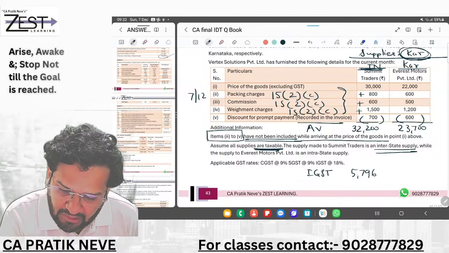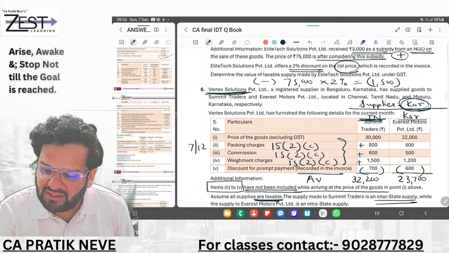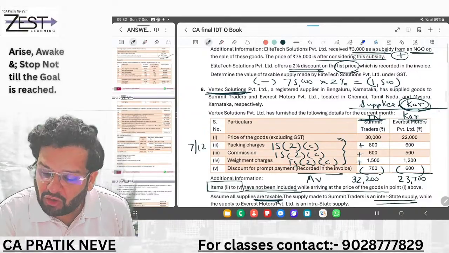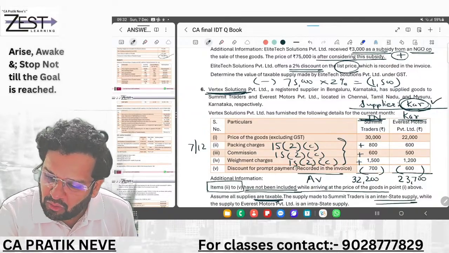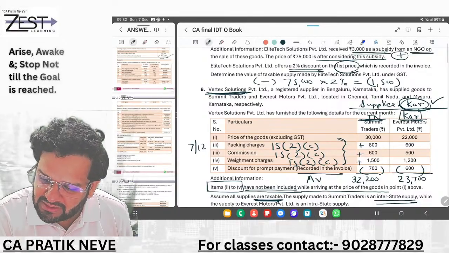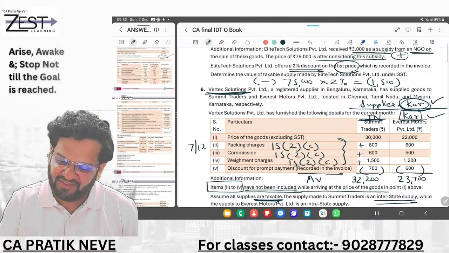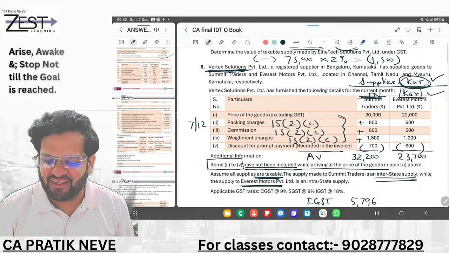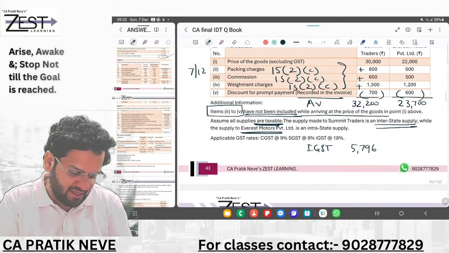While supply to Everest Motors is an intrastate. We already concluded that. LOS, that is location of supply Karnataka, POS Karnataka. So please charge CGST, SGST at 9% each.